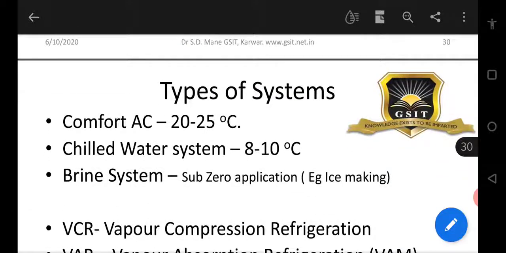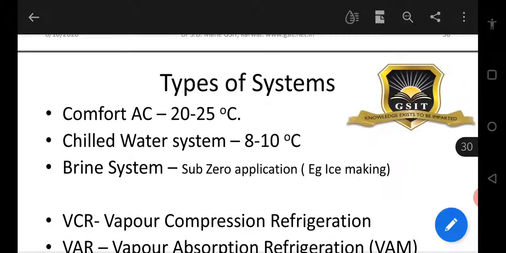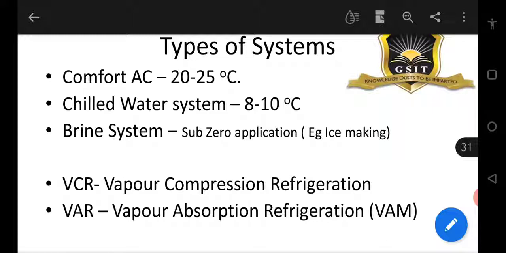Then you have different types of systems. Like I was telling, comfort AC was 20 to 25. Now, because of COVID times, they are talking about 25 to 30 degrees centigrade. In a chilled water system, chilled water is supplied at say 8 to 10 degrees centigrade. And brine is used in ice making, like in ammonia plants, where there is some sub-zero application so that water would freeze.